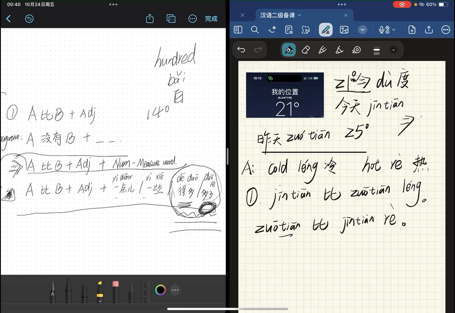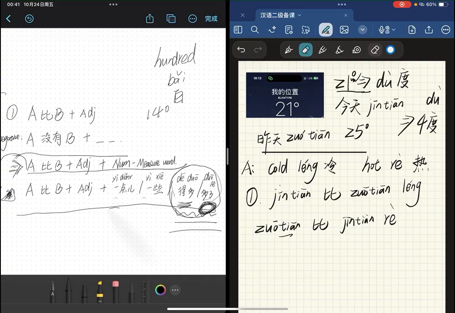Now today is 21度 and yesterday is 25度, so the specific difference is 4度. I think 4 degrees is a small difference.